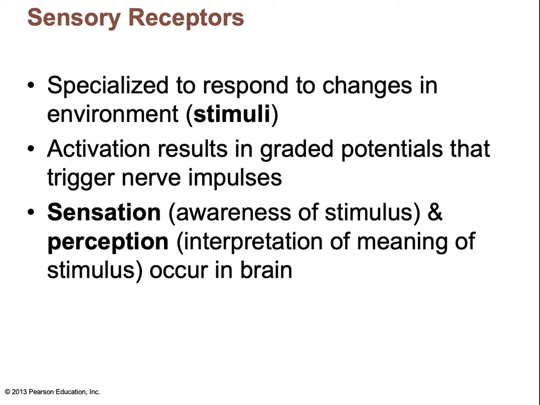Okay, so what we have in stimuli that are below our conscious awareness is a stimulus response that doesn't really rely on sensation and perception, since those are functions of the conscious mind. Okay, but it doesn't mean that those stimuli are not processed and dealt with.